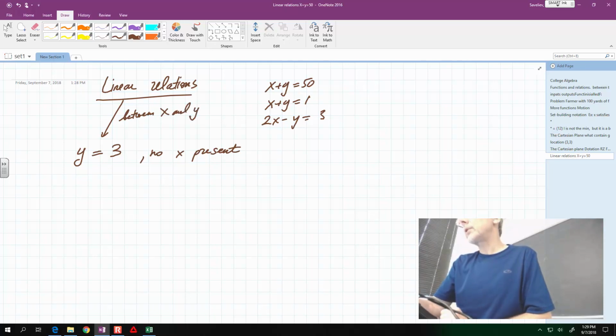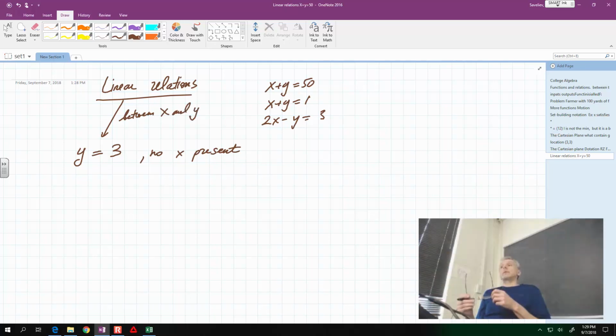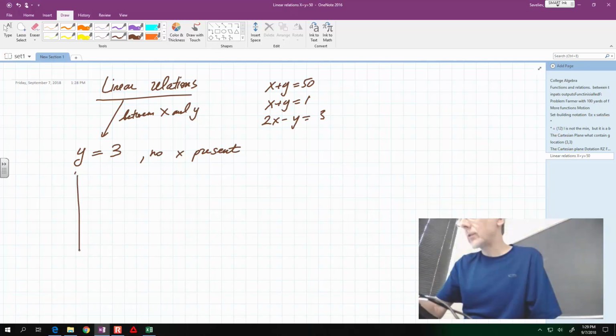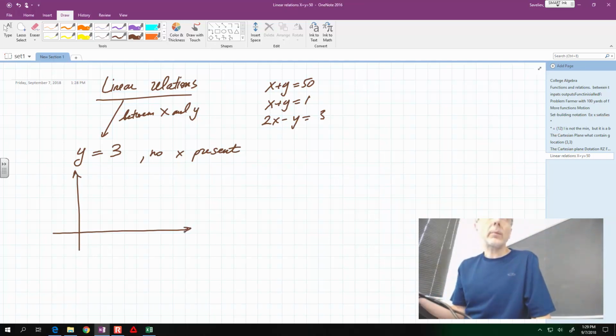Even though in the formula there is no x, that's okay, because we know it's a relation between x and y, so we still speak of graphs. This relation will be on the xy plane. So let's follow the same idea as before and plot it point by point.